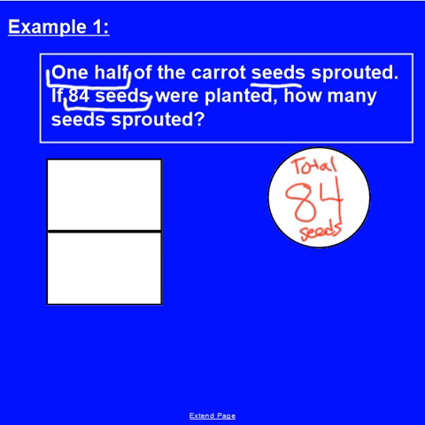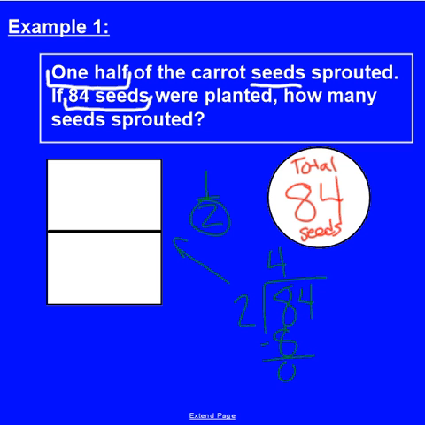And now it says that only 1/2 of the carrot seeds sprouted. So I'm dividing it into 2 equal parts. So I'm going to take 84 and I'm going to divide it into these 2 equal parts. So that is the 1/2. I divide by my denominator. So 2 goes into 8 how many times? Now I multiply. 4 times 2 equals 8.